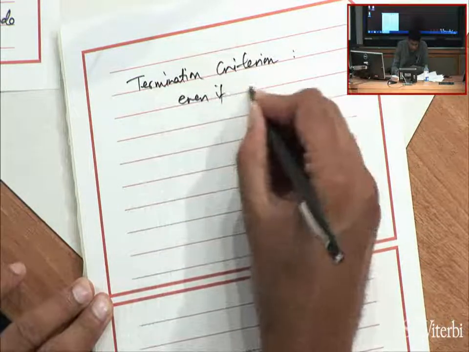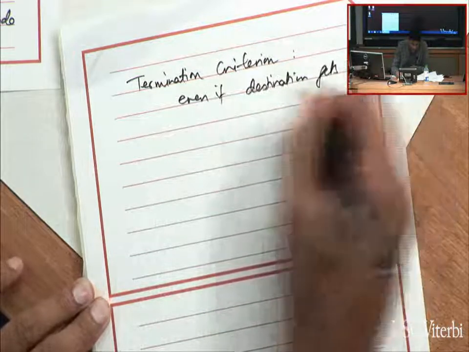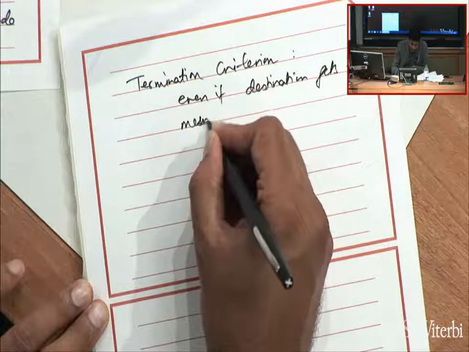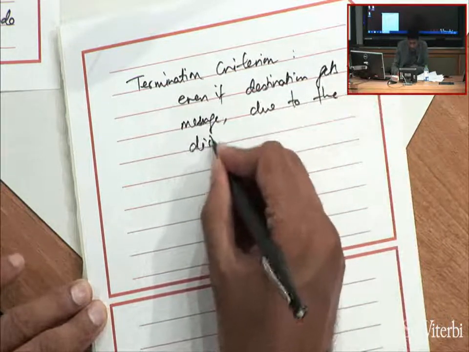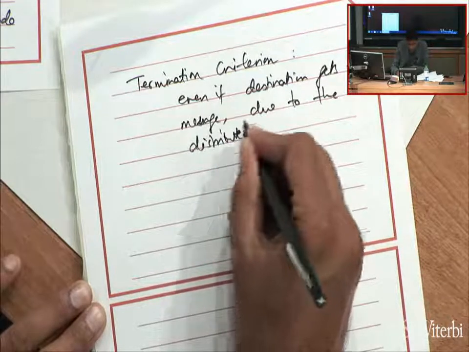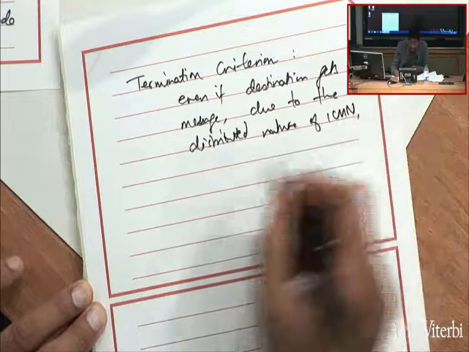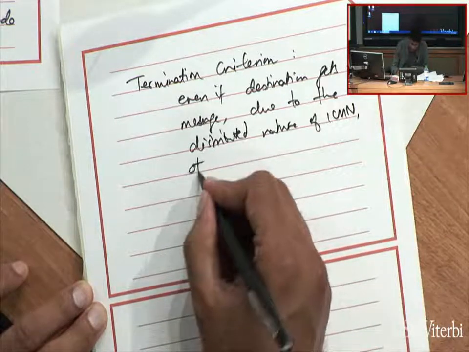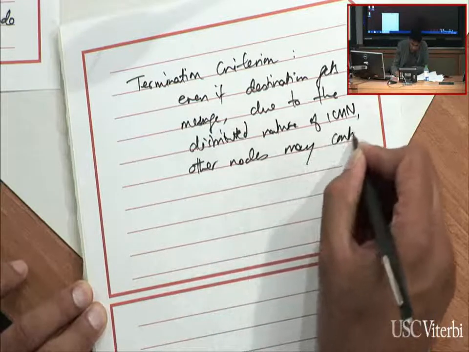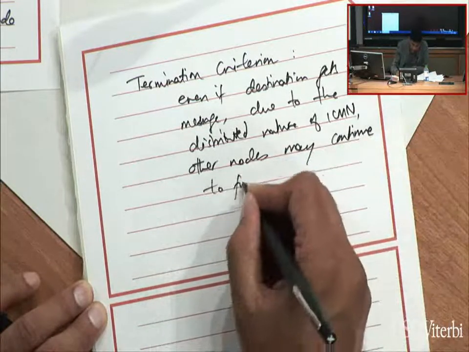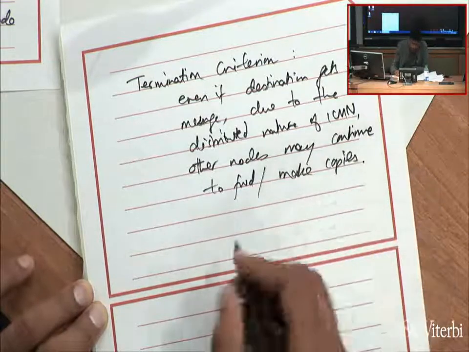Even if the destination gets the message, due to the distributed nature of ICMN, other nodes may continue to forward or make copies.